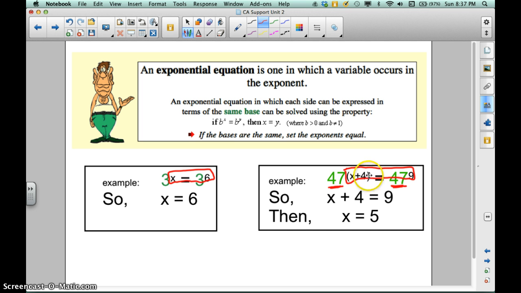And so the x plus 4 has to be equal to the 9. So if x plus 4 equals 9, and we subtract 4 from both sides to solve for x, then of course x is equal to 5. Now the rule here only applies if the bases are the same. And for today, we're only going to look at problems where the bases are the same.